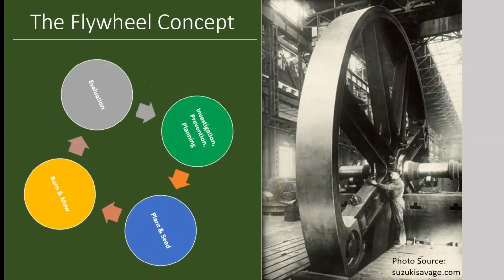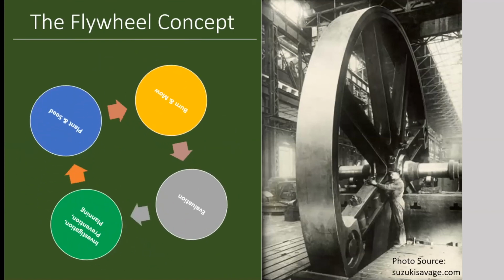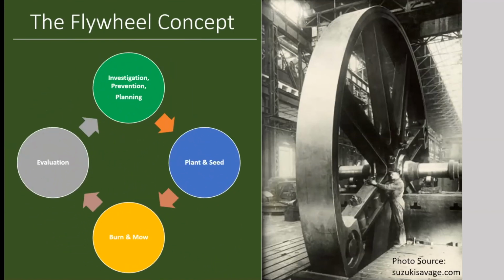The second season, you keep on pushing the wheel. You get one rotation, two rotations, three rotations, you're building momentum, 5 rotations, 10, 100, 1,000. Once you get to 1,000 years, I guess I can let you take a break because you've probably built a relatively resilient ecosystem at that point.